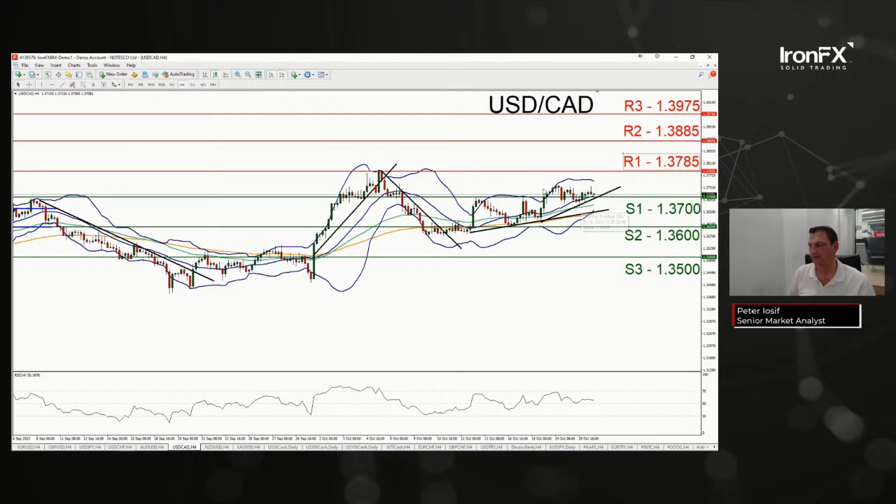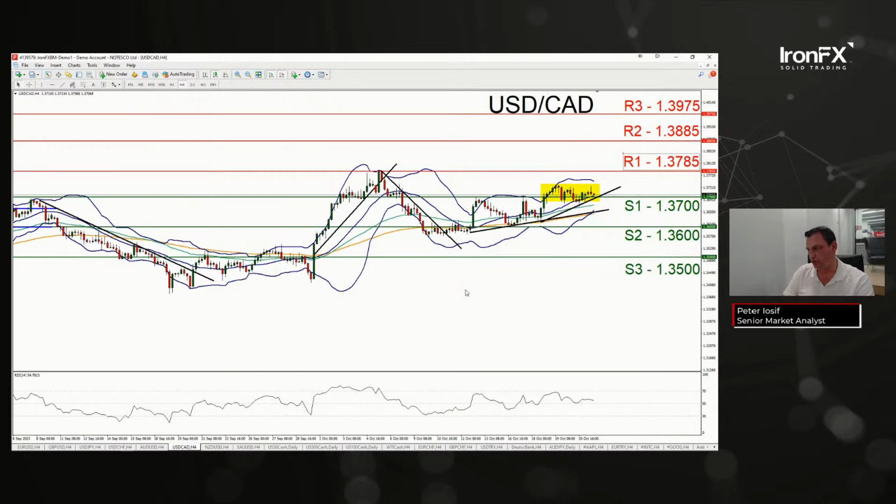But on the other hand, we have a relative stabilization, which uses the 1.37 support line as an axis with the price action rotating around it. Let's color this as well. There you go.